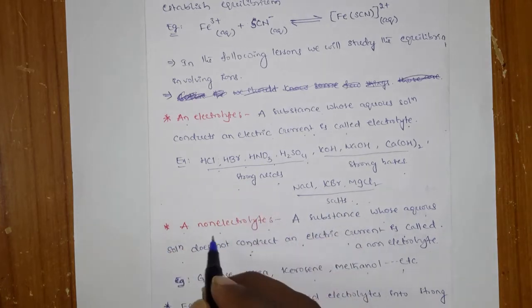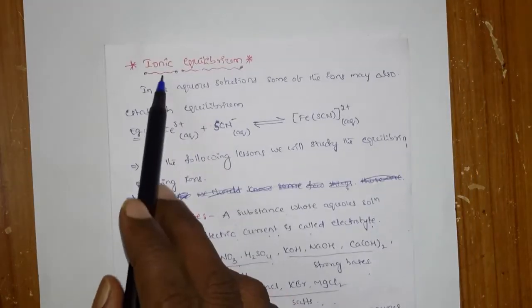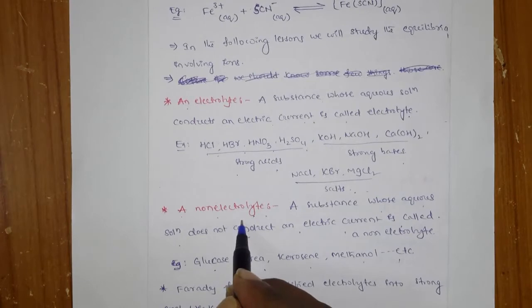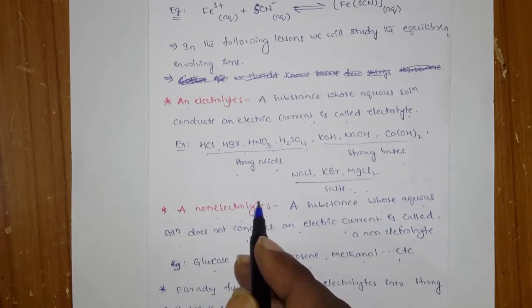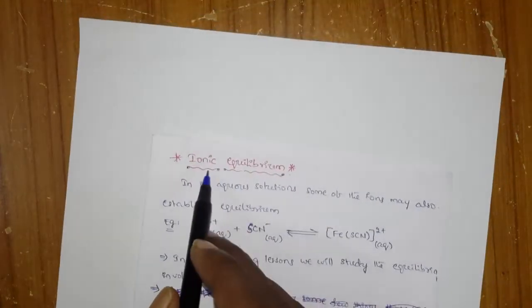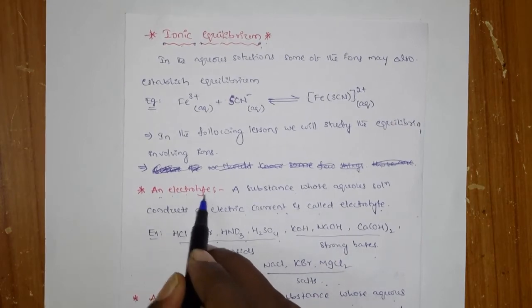Now in the non-electrolytes we cannot see any ionic equilibrium, because these non-electrolytes generally cannot form ions. If ions are not formed, you cannot see ionic equilibrium. Where can you observe ionic equilibrium? Generally in the electrolytes.